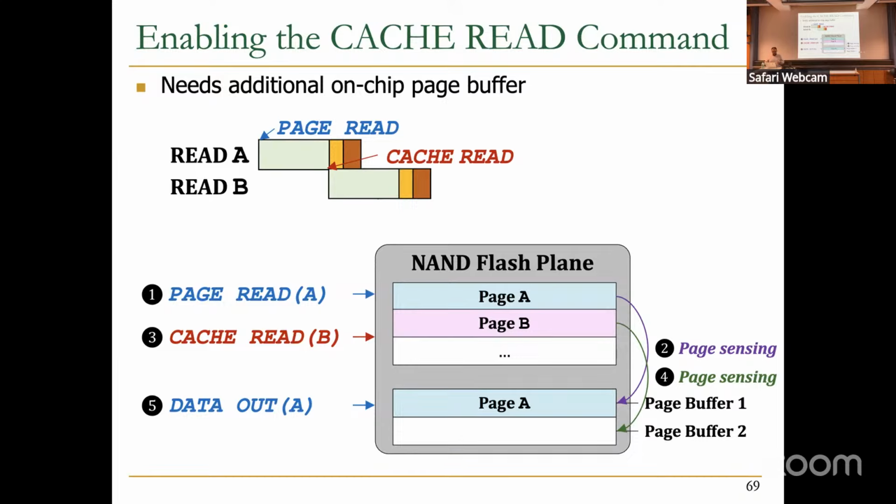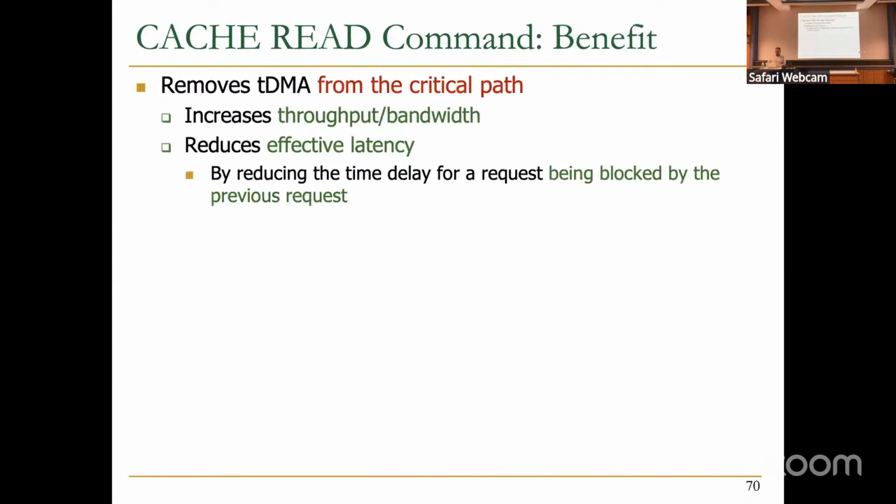And it doesn't come free, because we are adding page buffers. Some of these optimization techniques need more buffers to be added inside the flash chip. So with the cache read command, we can remove TDMA from the critical path and increase throughput and bandwidth.